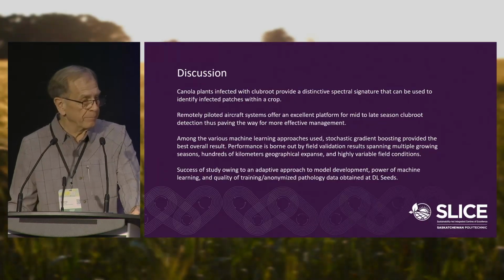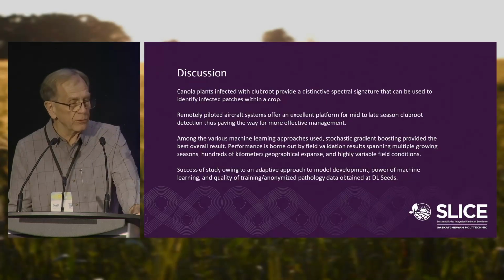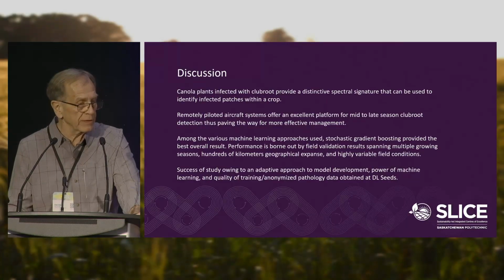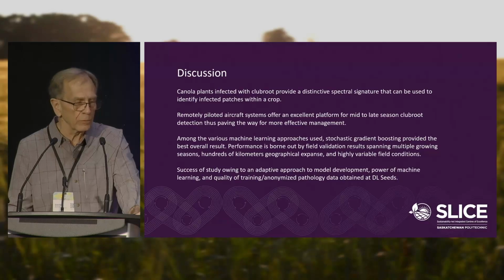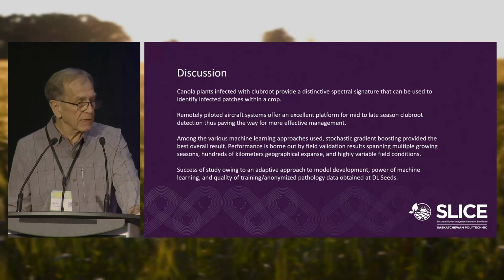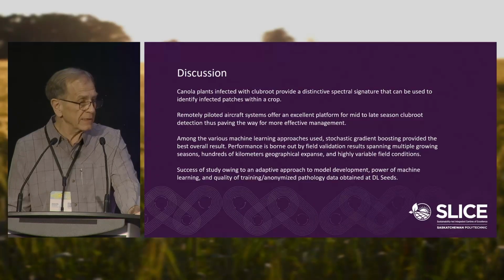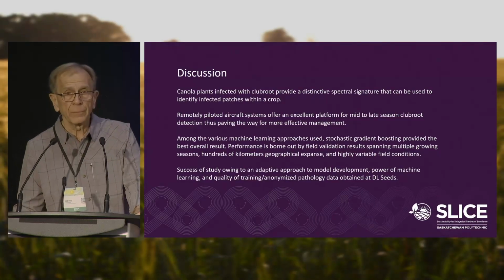Among the various machine learning approaches used, again, stochastic gradient boosting provided the best overall result. Performance is borne out by the field validation results spanning multiple growing seasons, hundreds of kilometers of geographical area, and highly variable field conditions.